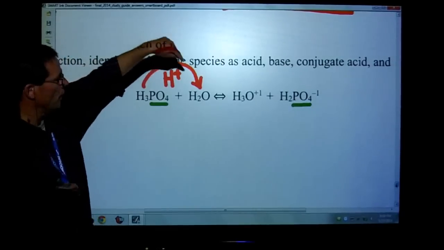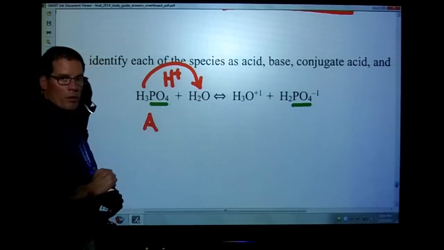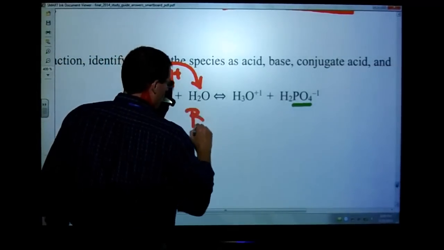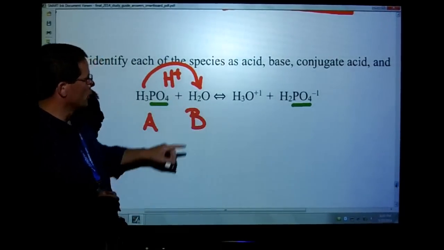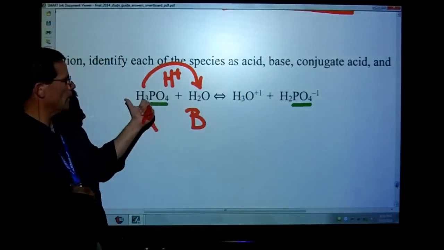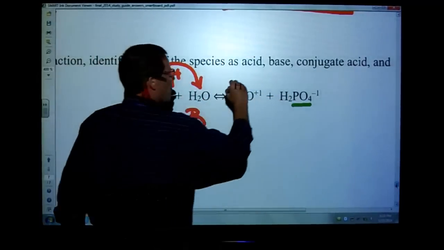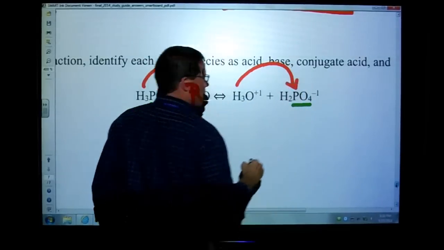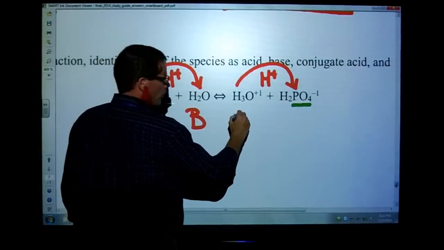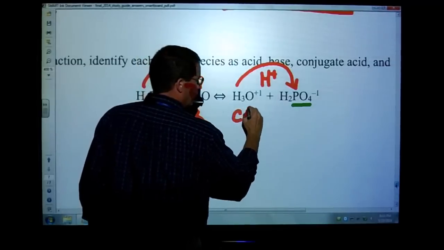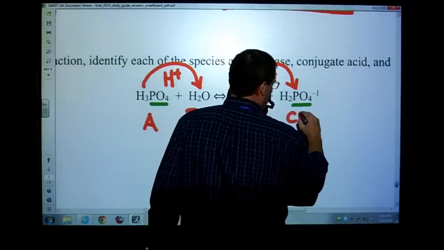Since this donated to this, acids are donors, bases are acceptors. Okay? Notice the arrow is reversible. So let's make sure that we can go from here back to here. So for the 2 to get back to a 3, we must donate a hydrogen here. So in this case, this is acting like an acid, but since it's on the product side, it's a conjugate acid, and this is our conjugate base.